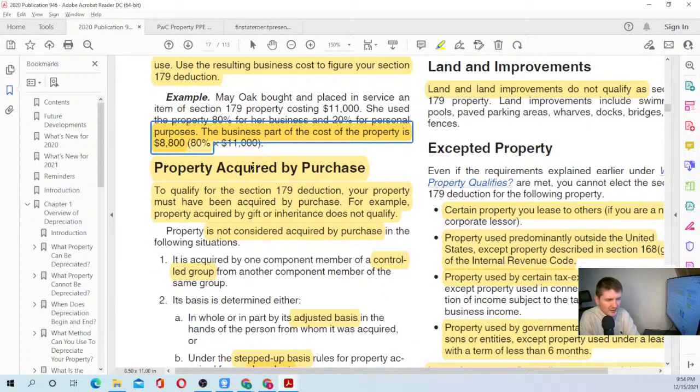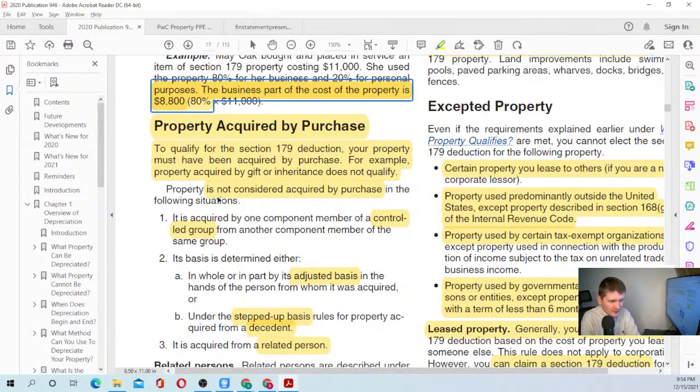And also we might purchase the property. Property is not considered acquired by purchase if it is acquired by one component member of a controlled group. So basically, if you move property around the companies which you control or which are consolidated in the same tax return, it will not qualify for 179.